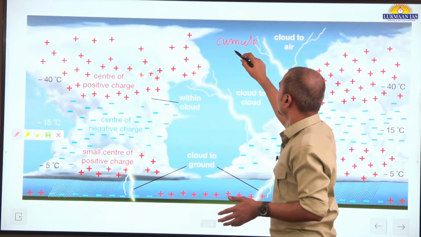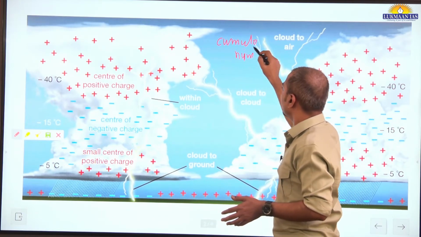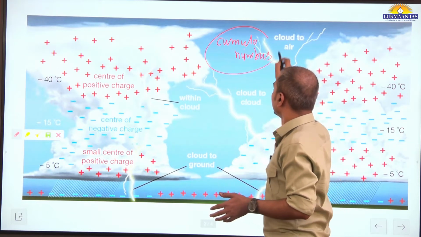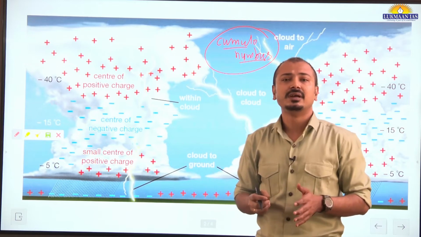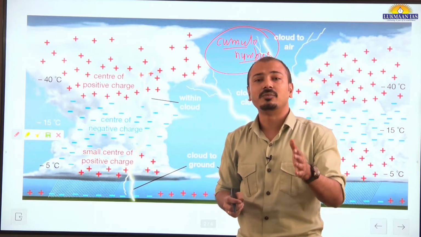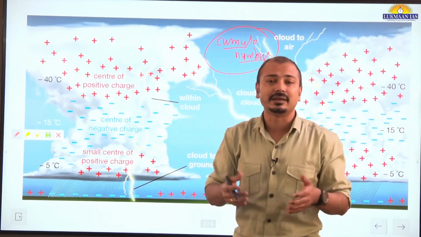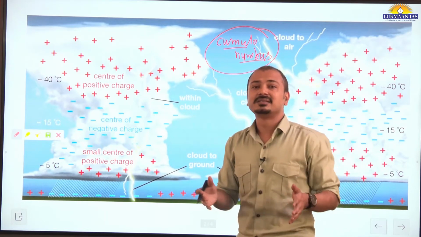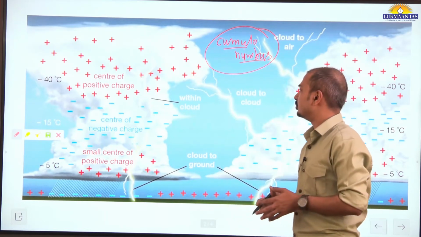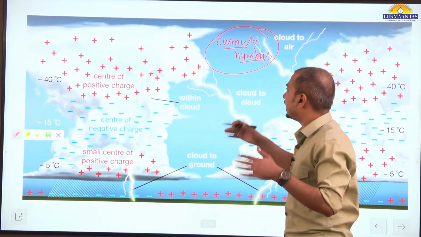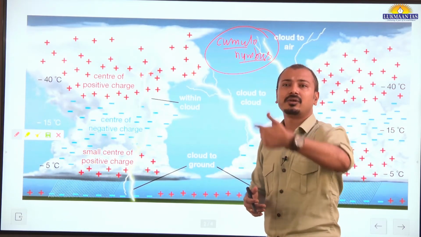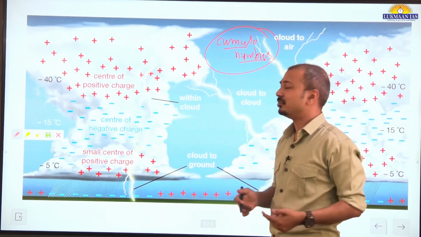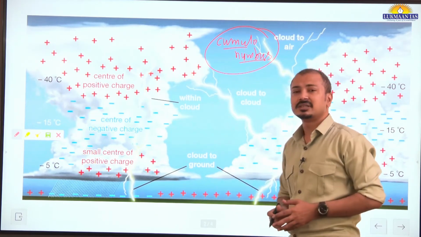Cumulonimbus clouds and thunderstorms are associated with each other, and such storms are formed when there is intensive heating of the land surface or the ocean or water body, and because of that convective circulation of air, vertical currents are set up, and the cumulonimbus clouds are formed.